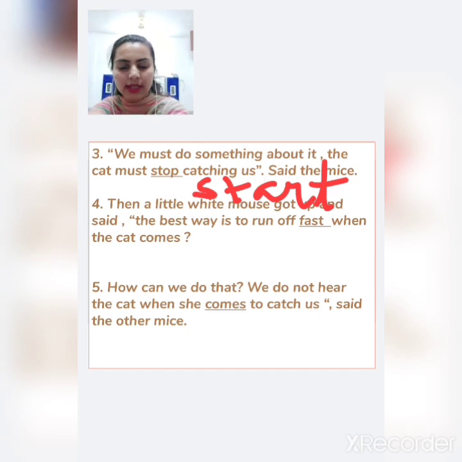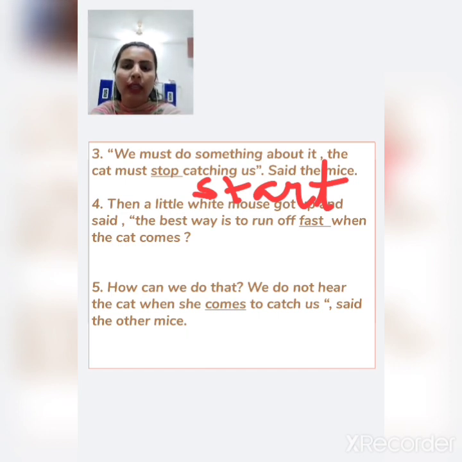Now see the next. Then a little white mouse got up and said, the best way is to run off fast when the cat comes.